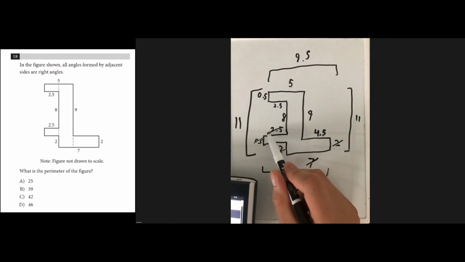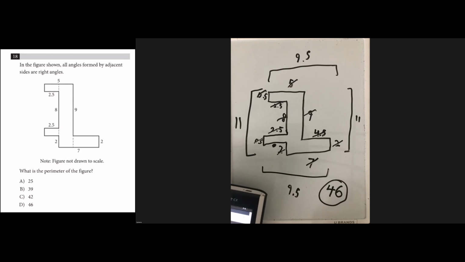And that gets you a total of 46. When you add up all those side lengths, you get 46, which would correlate to answer choice D.